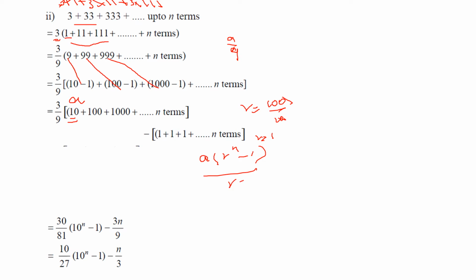So you can write it as 3 by 9, bracket 10 into 10 power n minus 1 by 10 minus 1, which is 9. Here you put it in one bracket, minus n.